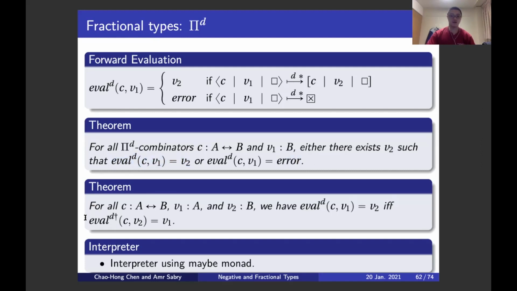Similarly, we can define the inverse evaluation, and we can also show that they are inverses of each other. So this is still reversible, but now it's partially reversible because this is a partial function now. We have an interpreter implementation using the maybe monad, which I will not discuss here. Please read the paper.